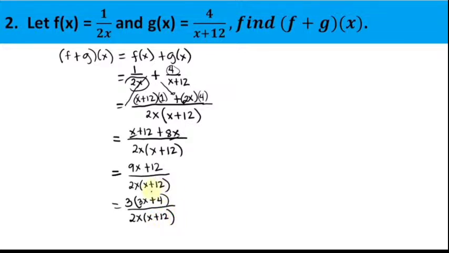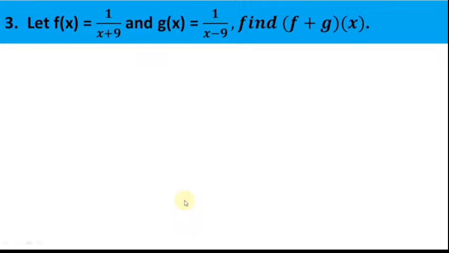So this is our final answer: 3 times 3x plus 4 over 2x times x plus 12. Ito, final answer.